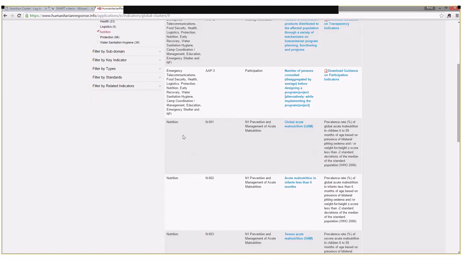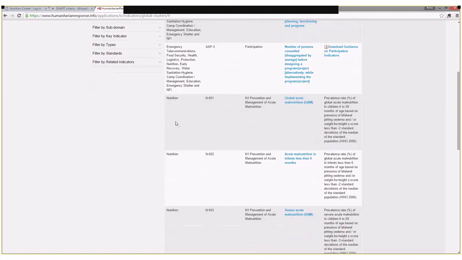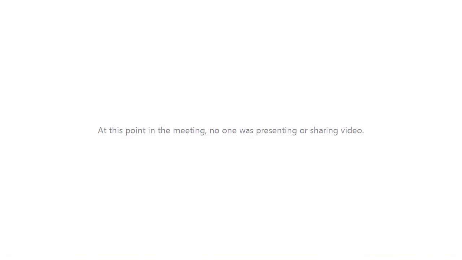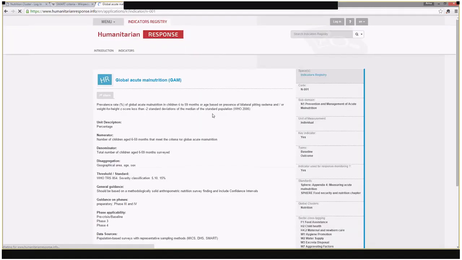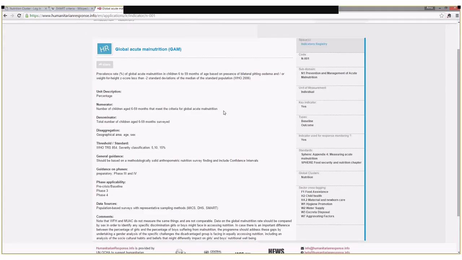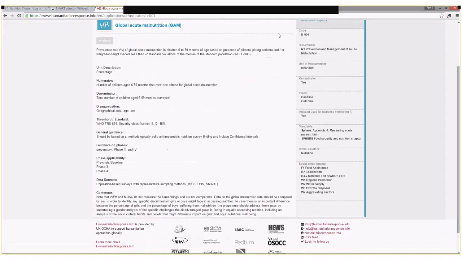You would have absolutely the same information as in the Excel file: nutrition cluster, name of indicator, subdomain, then title of indicator and description. If you click on the title of indicator, you will get all the description of the information which I just presented to you in the Excel table.